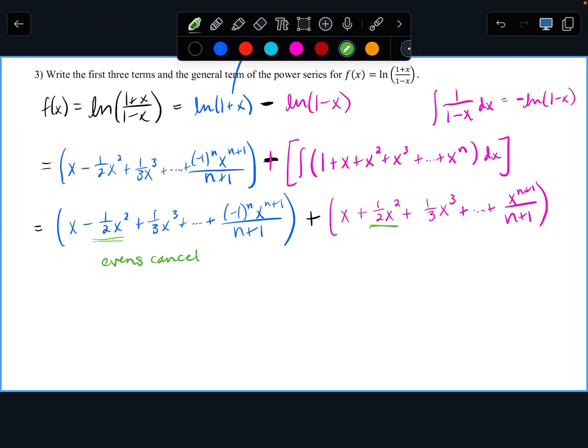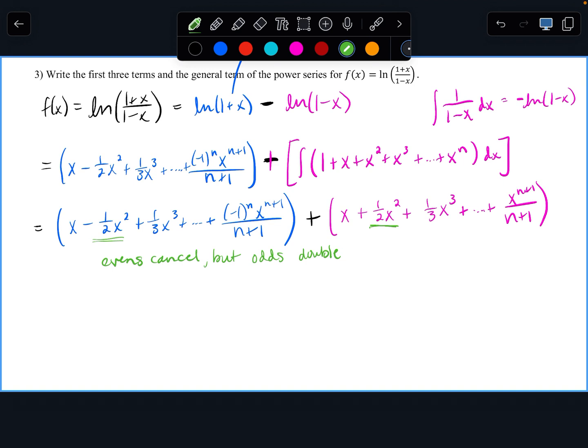If I kept going, there'd be more of them. But the odds, there's 2 of them. So that's another way to think about it, is doubling. Is that fair? Because 1/3 plus 1/3 is 2/3, the same thing as 2 times 1/3.